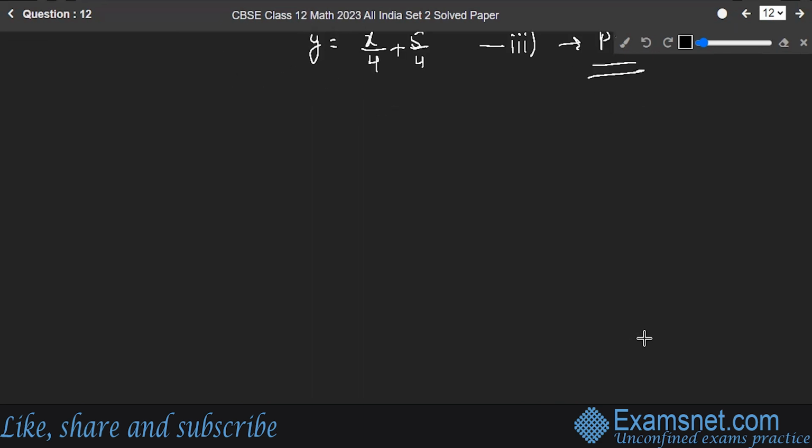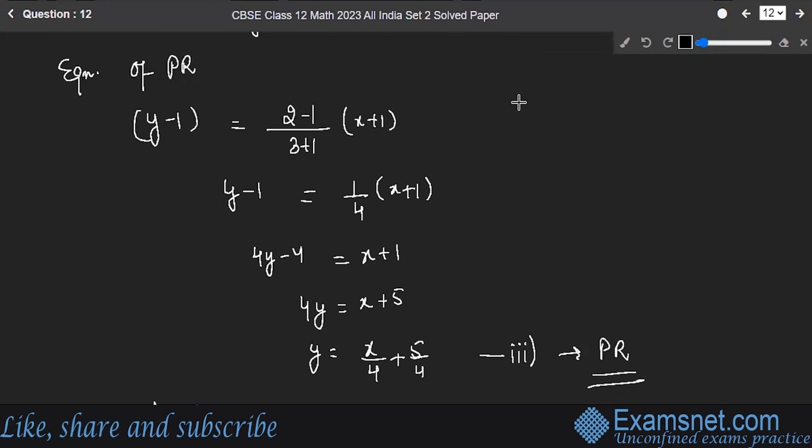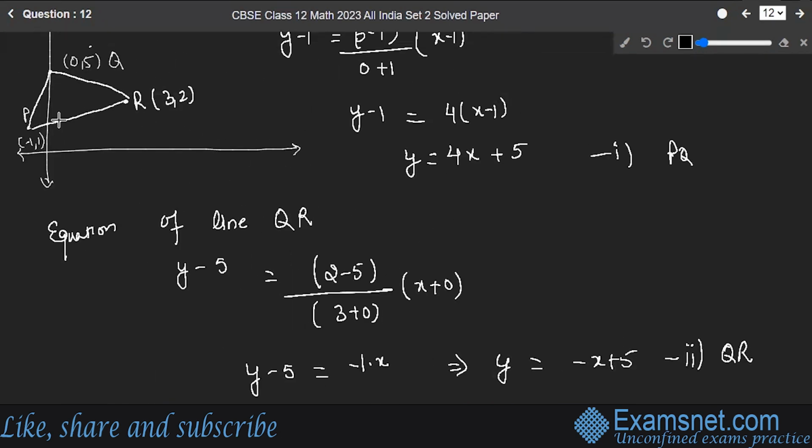Now area of the triangle PQR, this is what we need to find out, but we have to use integration. So area of triangle PQR is equal to area under PQ, area under QR, but see, area under PQ will be given by this, right?